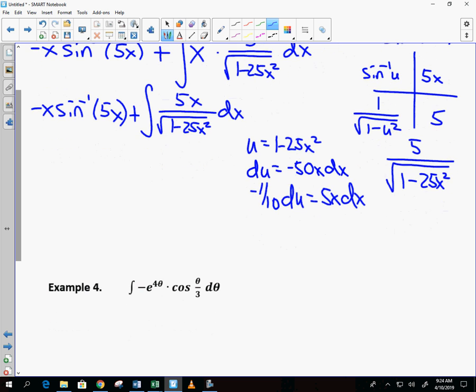So I take the negative 1/10 integral du, and what is gone? 5x is gone, dx is gone, and I'm left with 1 over the square root of u. Does everybody see that? Or u to the negative 1/2. What is the antiderivative of u to the negative 1/2? U to the 1/2 divided by a half, right? 2 roots of u multiplied by the negative 1/10, negative 1/5 root of u plus c.